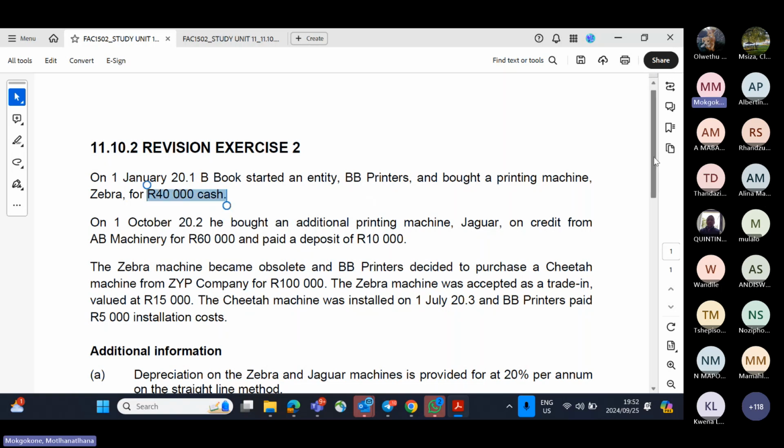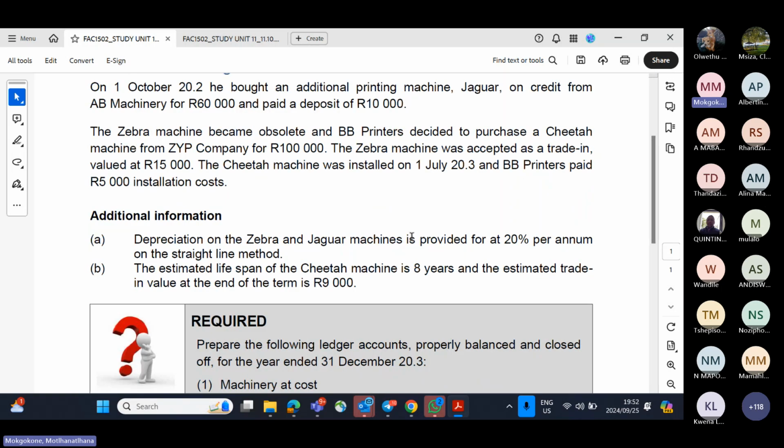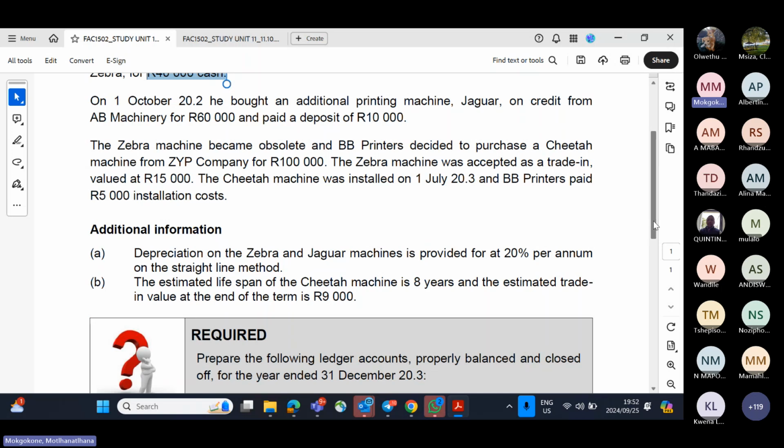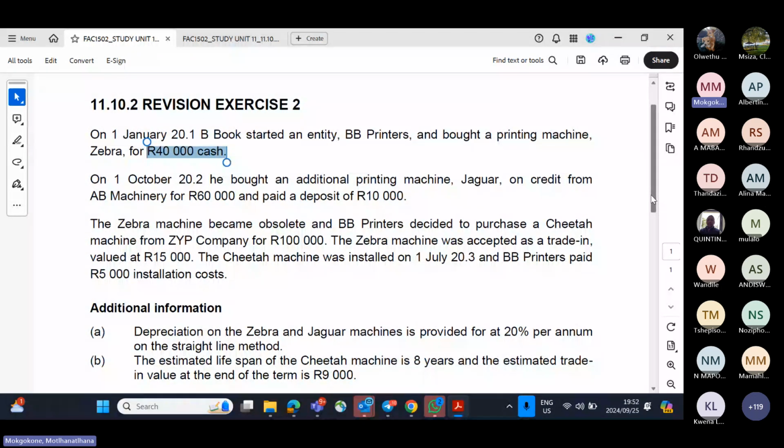And they are saying depreciation on the Zebra and Jaguar machine is provided for at 20% per annum on the straight line method. For 2021, if you say 40,000 times 20%, because it will be the whole year, 1st January 2021 to 31st December 2021, it will give you 8,000.